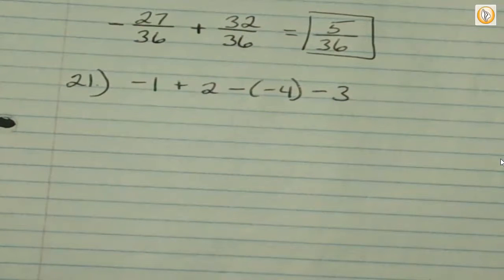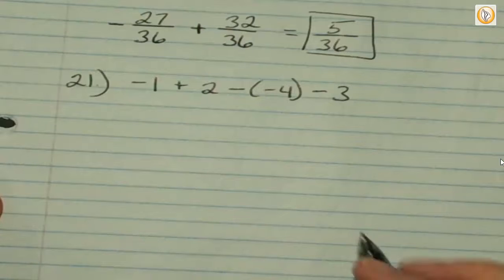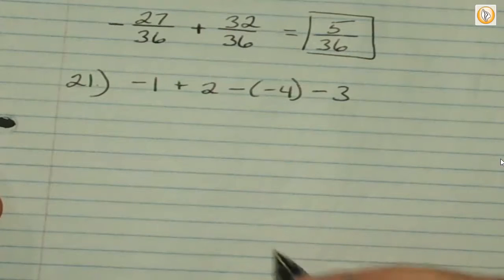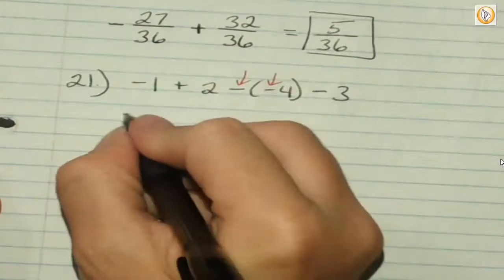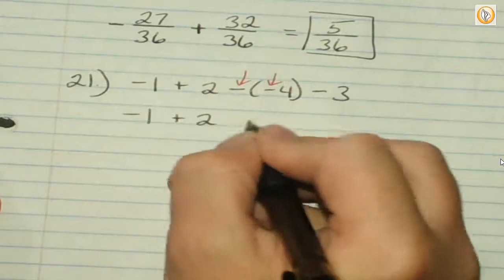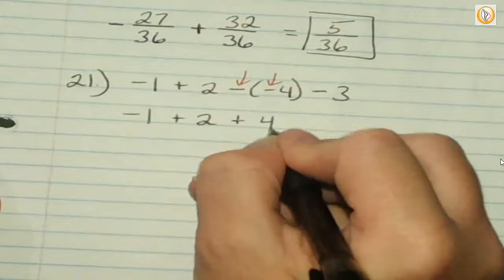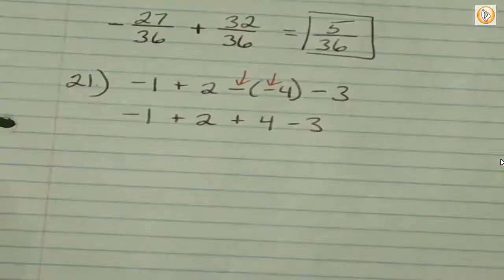So, Michaela, once you have that written down, you tell me what to do. Okay, first we're going to make the minus into a plus sign. Very good. These two minuses, we make them into a plus sign and rewrite your problem.